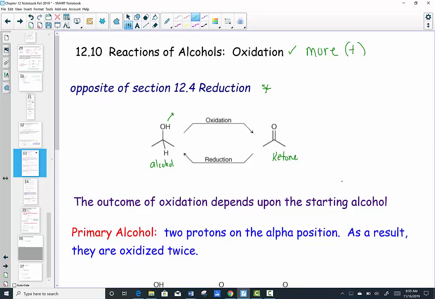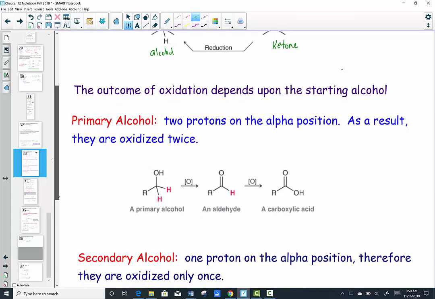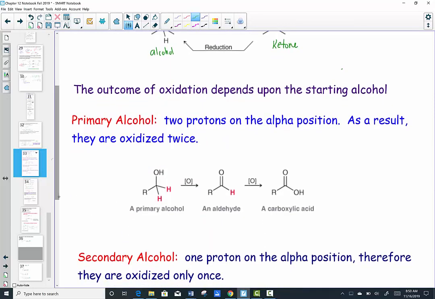The outcome of oxidation going in this direction depends upon the starting alcohol. We have to decide how many hydrogens are attached to the carbon attached to the alcohol. Is it a primary, secondary, or tertiary alcohol? So let's begin with a first example of a primary alcohol.